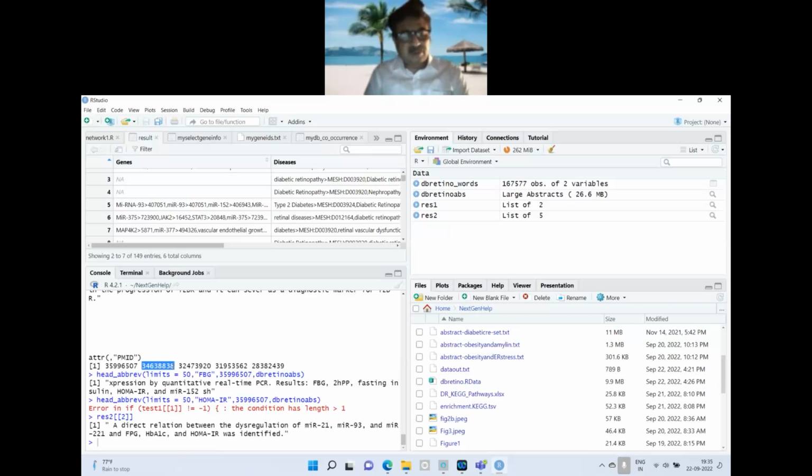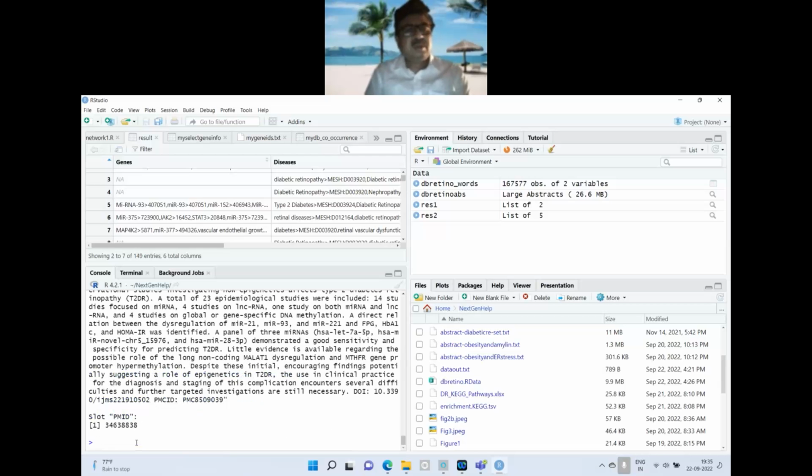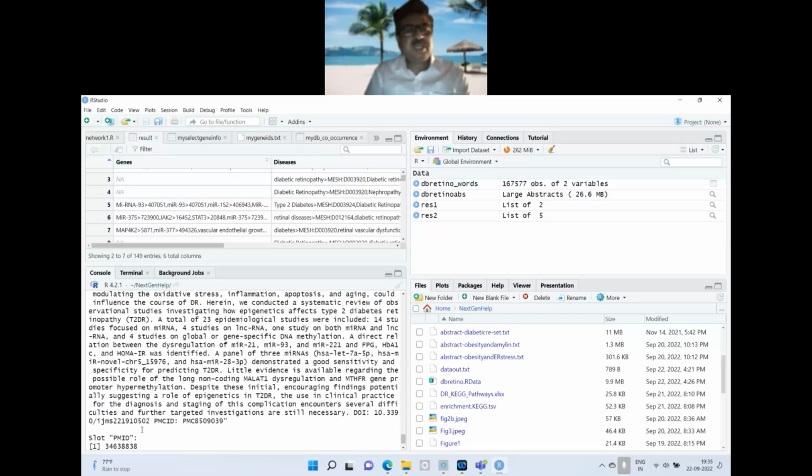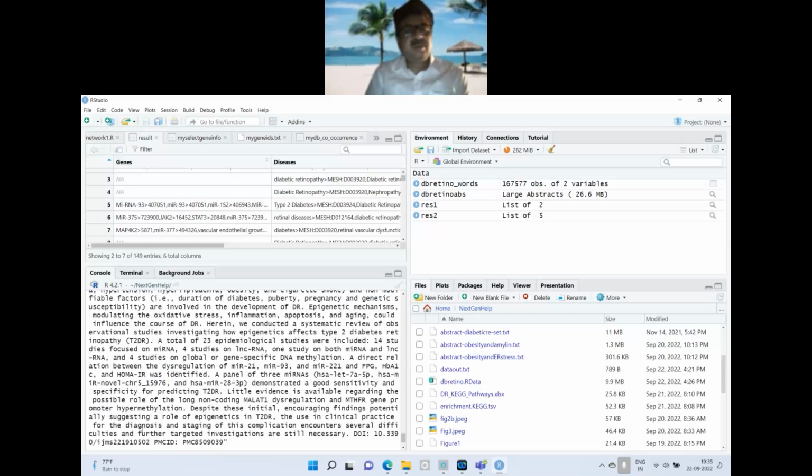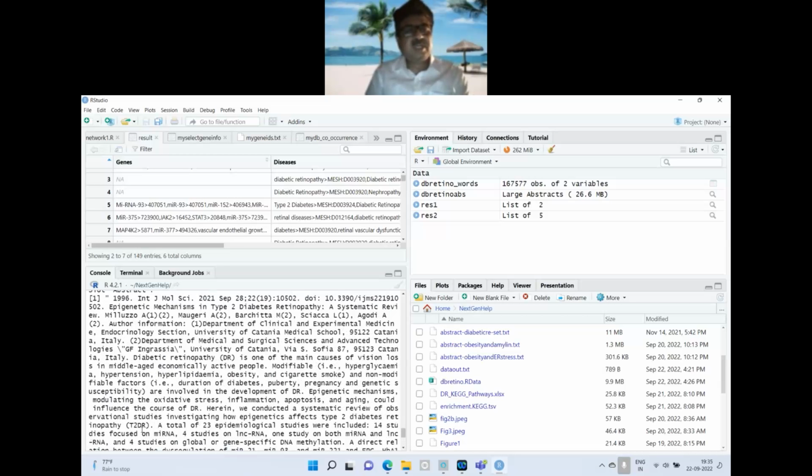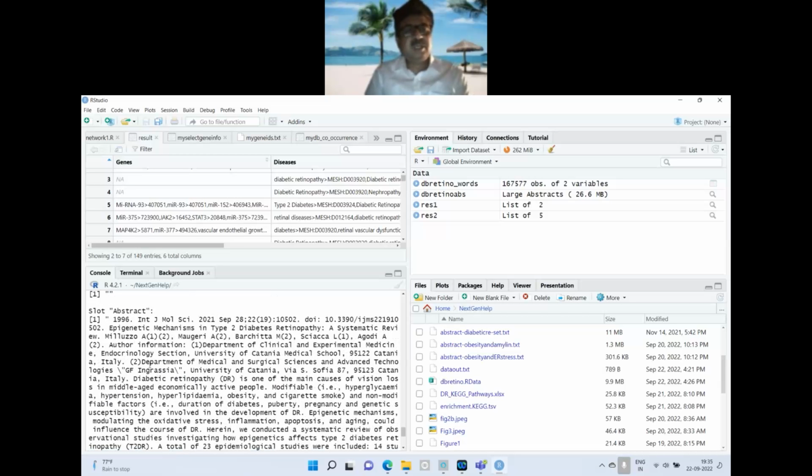So what we can do is we have a function called PMID to abstracts, where we give this PMID and we write this ABS. And this way what we get is the abstract along with the journal of that paper.